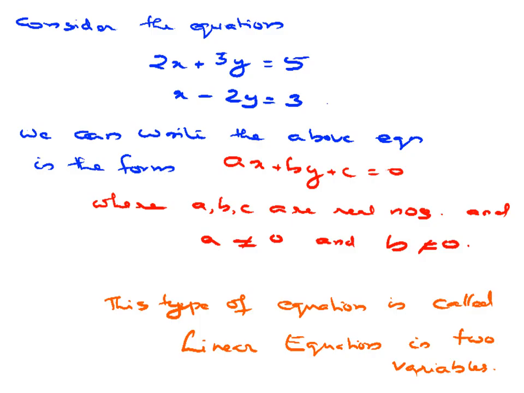This is called a linear equation in two variables x and y. Solving the linear equations, we get a pair of values, that is one for x and another for y. Also remember, every solution of a linear equation is a point on the line representing it.